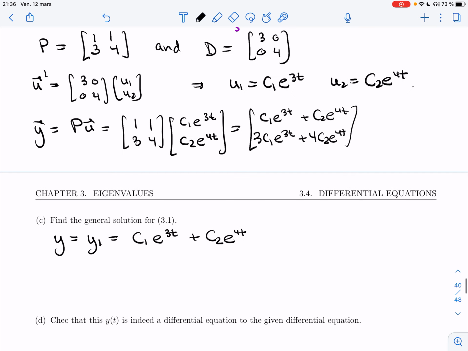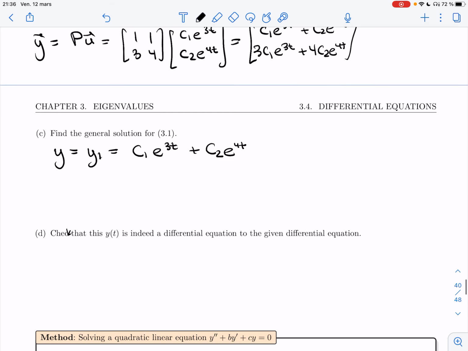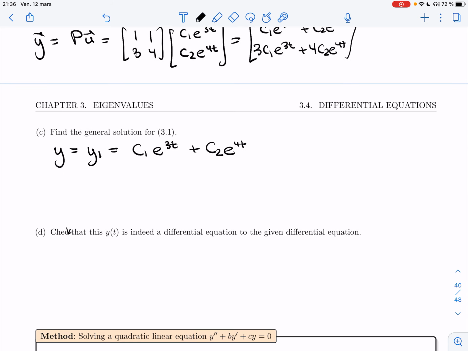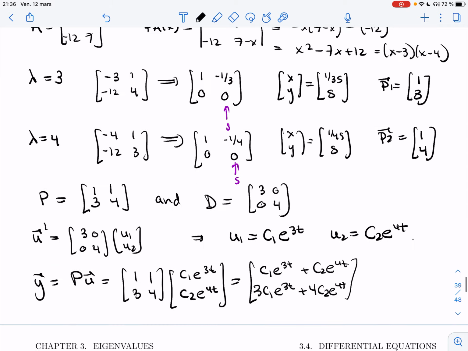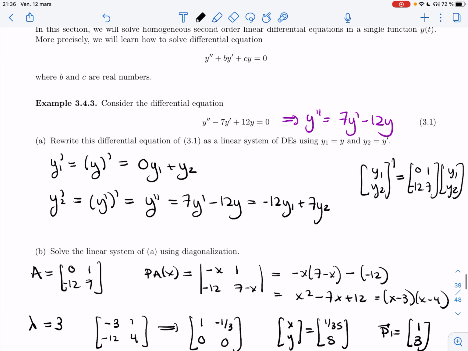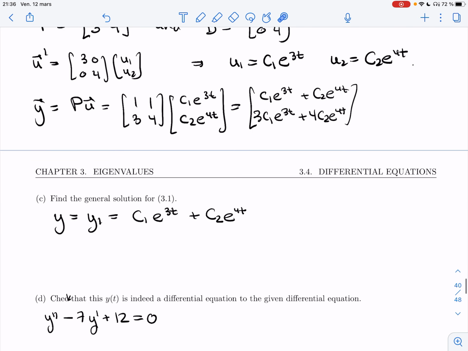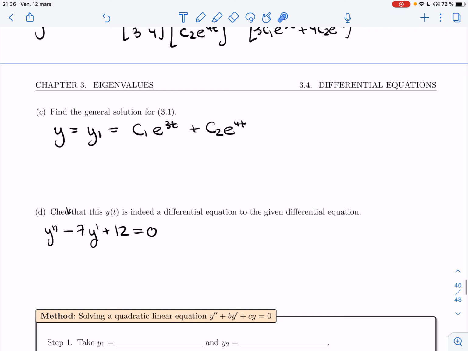All right, so let's check that this is indeed a solution for the differential equation. I want to check y double prime minus 7y prime plus 12y. Let's double check the equation: minus 7 plus 12. Good.